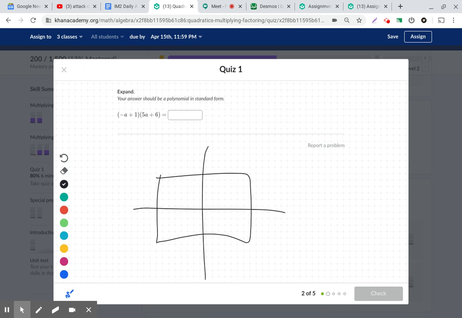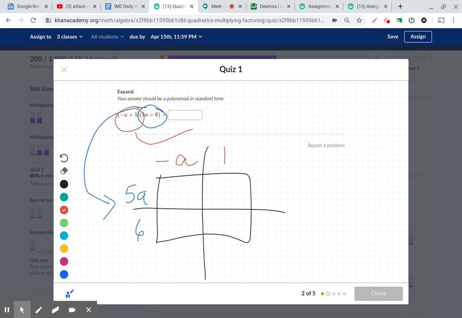I like to make the little plus humongous. Separate this, and so this is going to be the blue. This will be the red. I'm going to multiply everything out. Negative 5a squared.